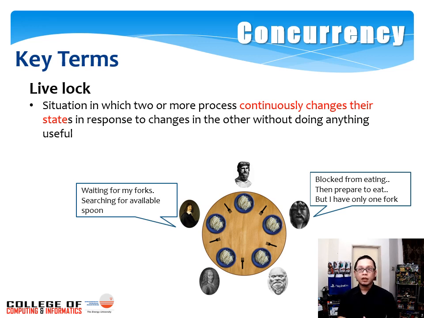But at the same time, they are not releasing the resources that are needed by the other processes. Hence, all processes continue to be stuck. So basically, it's the same as deadlock. No process is actually going down, but what is happening is that they are updating their status of needing and searching for resources.